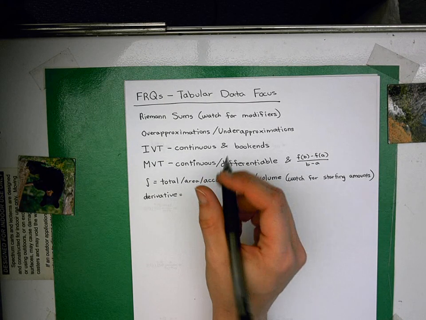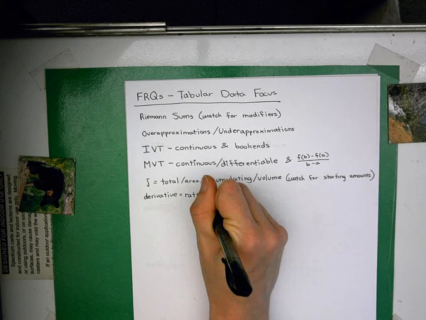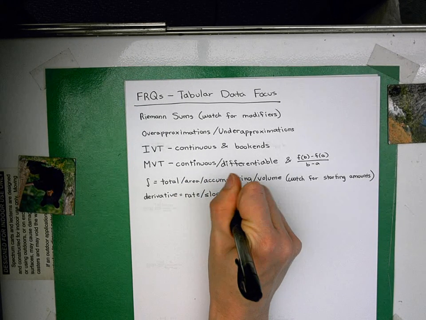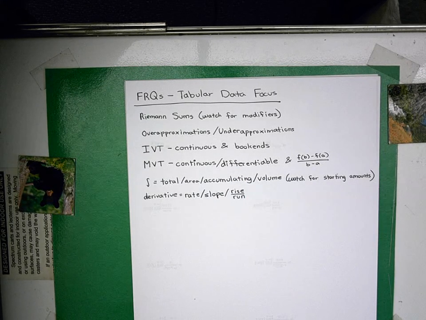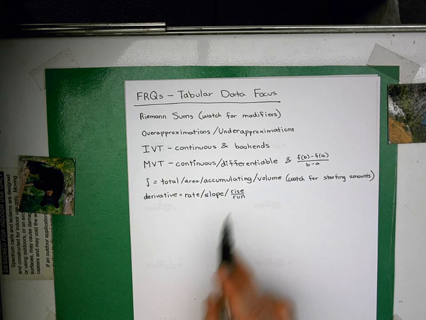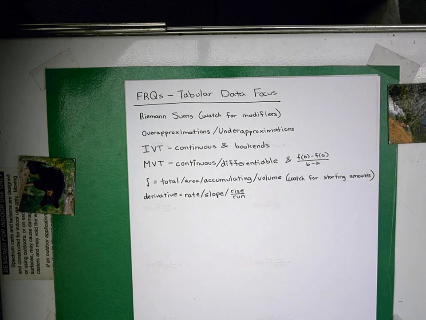A derivative, just as a reminder, is a rate or slope, rise over run if you're looking at a graph. So anything along those lines. If you read any of those words, that's going to be cueing some sort of derivative, and you'd be looking either for an already provided derivative, or you'd be looking to take a derivative of a function, or doing rise over run if you've got something there, maybe an f of b minus f of a over b minus a idea.